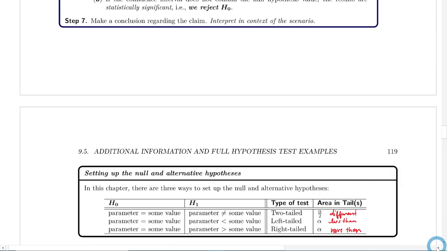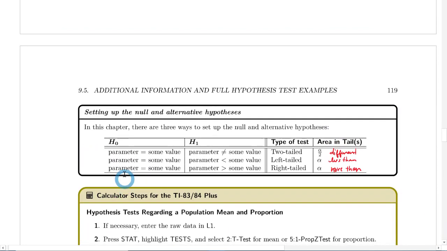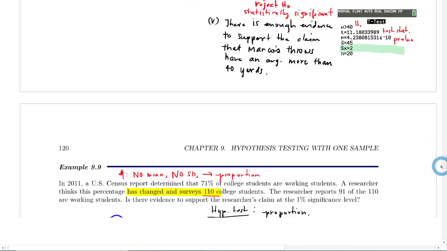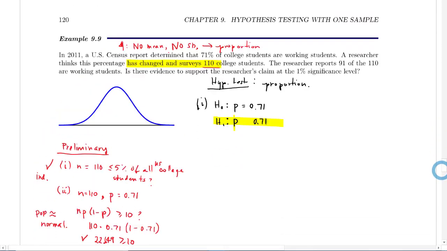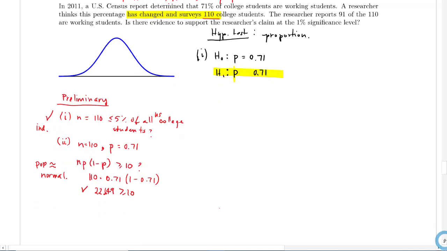The parameter equal to and then not equal to, that would mean different. Less than means less than, and greater than means more than. So different would just mean that we don't know if it's increased or decreased. We just know something's different. So we would have a two-tailed test with not equals in between. So this would be, let me put it in red, not equal to, and it's the claim, so mark it.